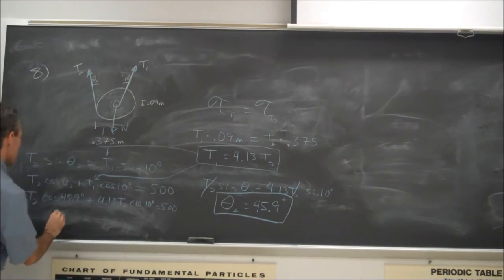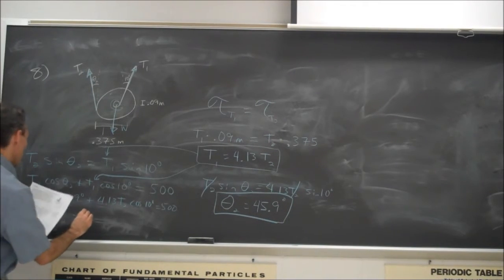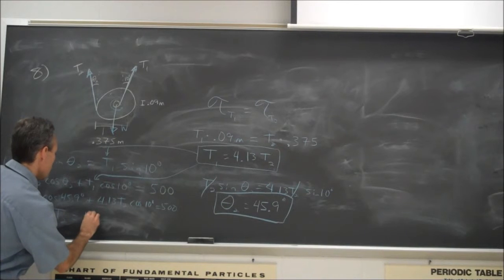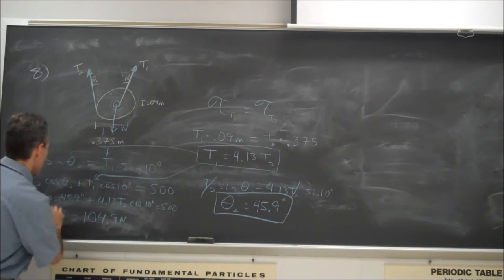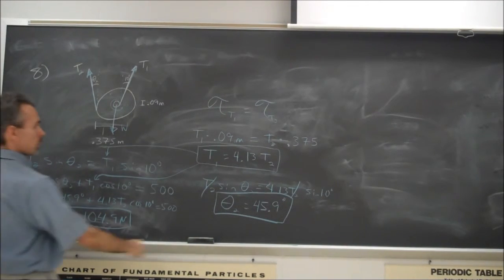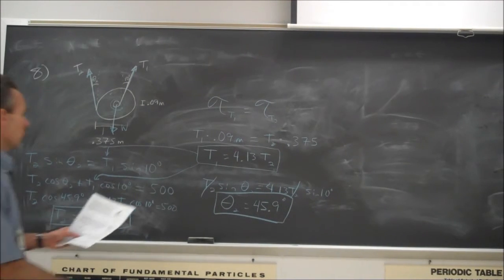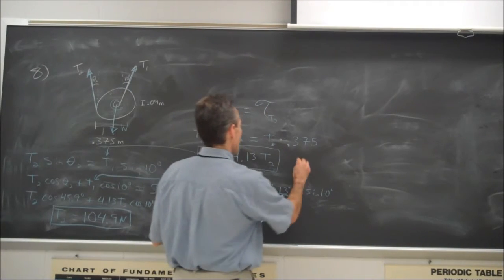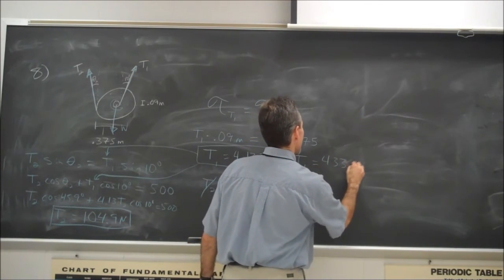And so now I can solve for T2, and I get an answer for T2 to be 104.9 newtons. Once I know what T2 is, I can plug that back in up here to figure out what T1 is, which is 4.13 times as big, and I get T1 to be 433.6 newtons.